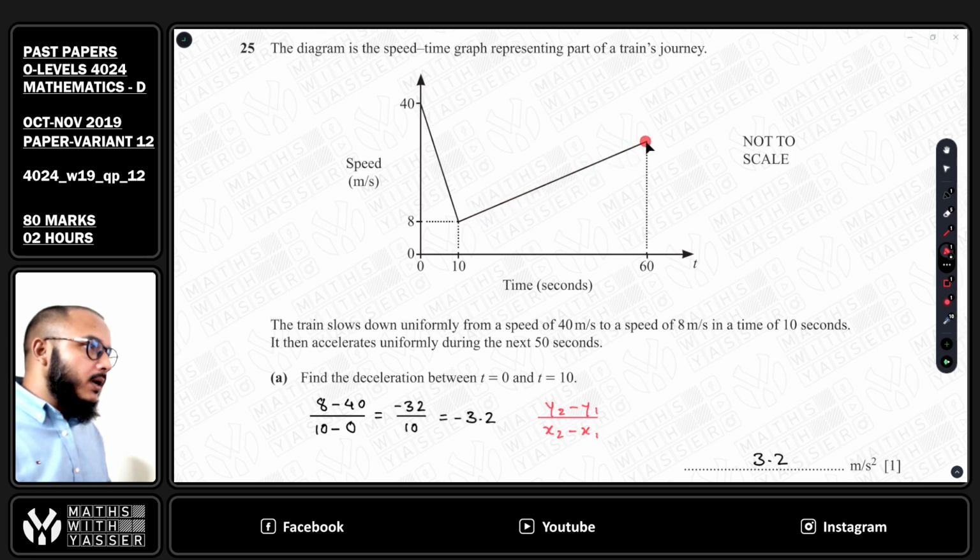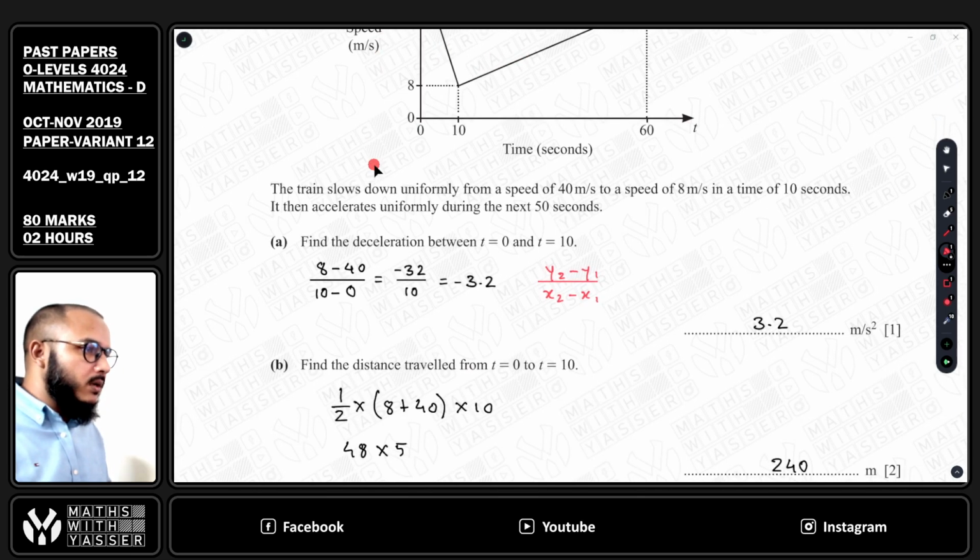We just need to find out what will be the value for the velocity when the time is 60. But we do know the velocity when the time was 10. It was 8 meters per second. And we know that the formula for the acceleration in a speed time graph is the gradient, which is y2 minus y1 over x2 minus x1.